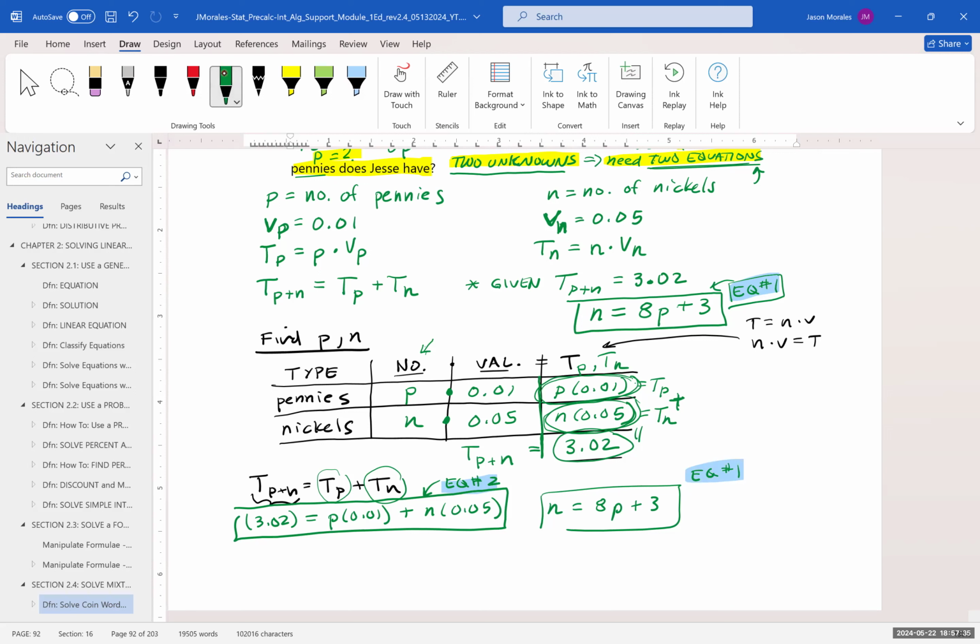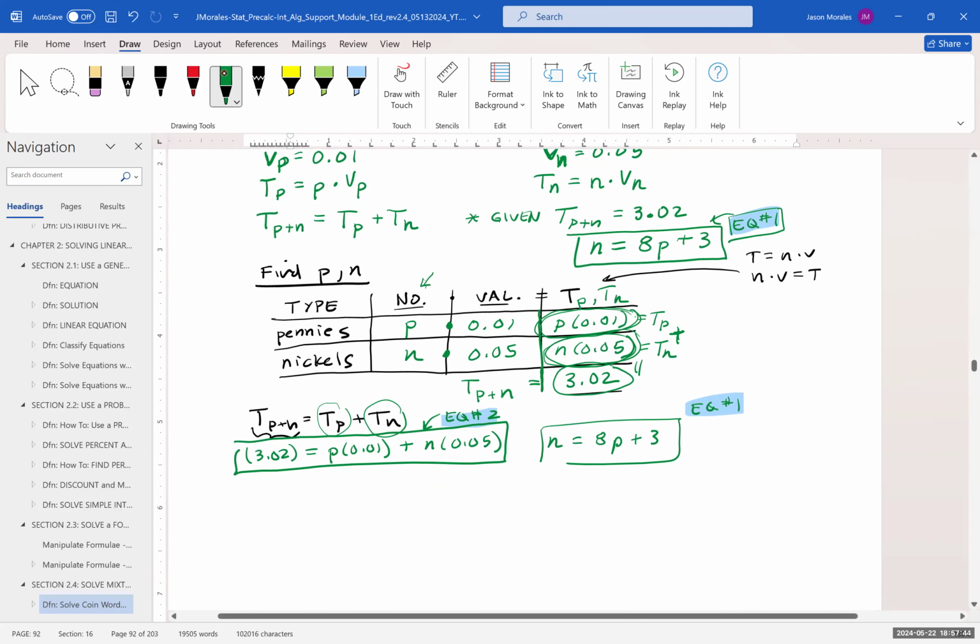So now that we've got two equations with two unknowns, we should be able to use these together in order to solve for one of these variables and then the second one. So how do we do it? How do we use these two equations together? Well, notice that we know that n is equal to this expression. So that means in the other equation, anywhere we see an n, we can put this expression in its place.